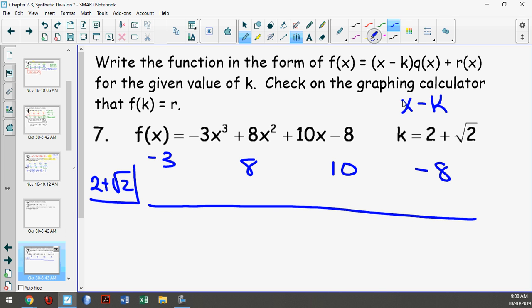Do we see that? Now, before we begin, I'm going to check my powers. 3, 2, 1, 0. Since I was able to get down to 0, I'm not missing anything. I know I'm good. Okay, so now I'm going to go ahead and drop down the negative 3. Okay?